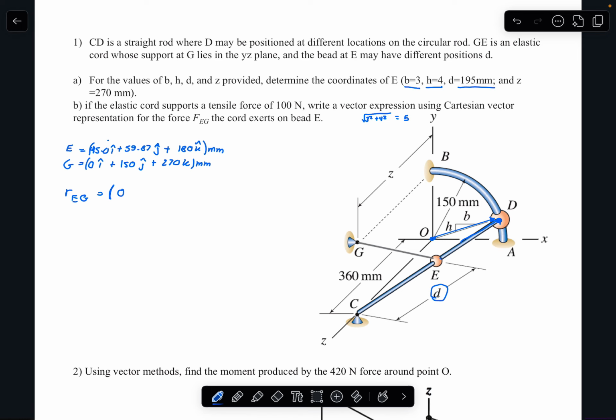It's going to be 0 minus 45.0 i hat plus 150 minus 59.87 j hat plus 270 minus 180 k hat. Perfect. Now we follow the steps, do the math.